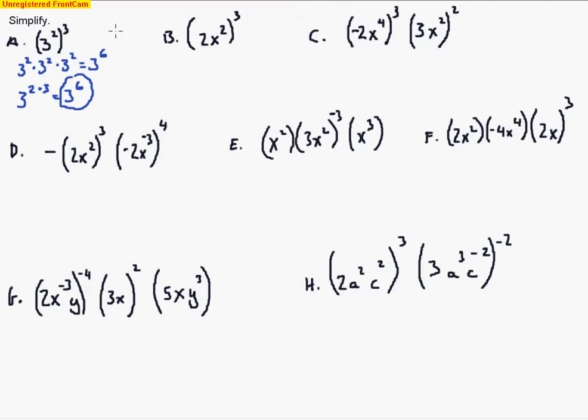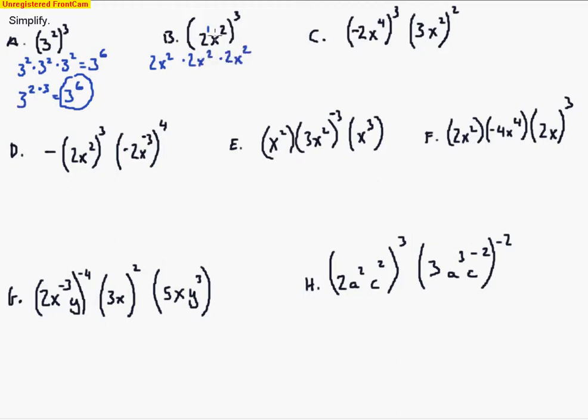One of the big rules is to remember to raise everything in parentheses to a power that's on the outside. For instance, this 2 here is really just 2 to the first power. So if I was to rewrite this out, this would be 2x squared times 2x squared times 2x squared.